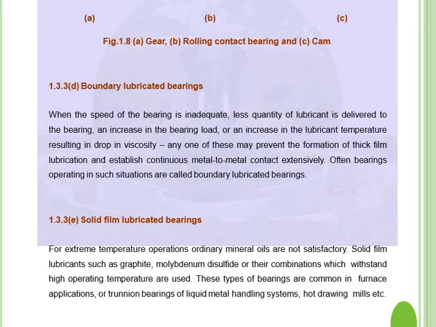That temperature drop is because of the formation of a thick film, and in this boundary lubrication system, metal to metal contact will be more. Metal to metal contact means shaft and bearing contact will be more. So this type of bearing is called a boundary lubricated bearing.